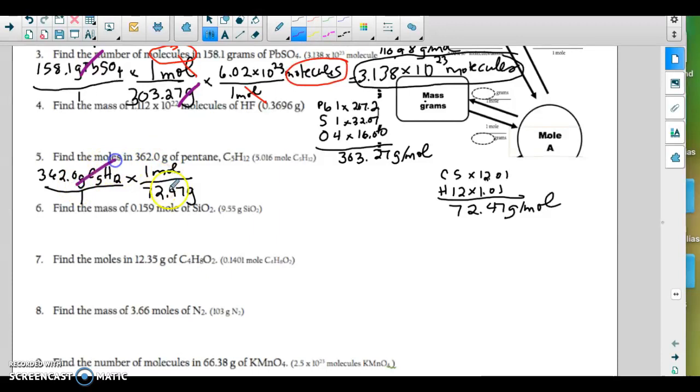So my grams cancel, I'm in mole, I wanted mole, so I'm good. Now I just want to crunch that, which is 362 times 1 divided by 72.47. And then with sig figs, it would be 5.016 mole.